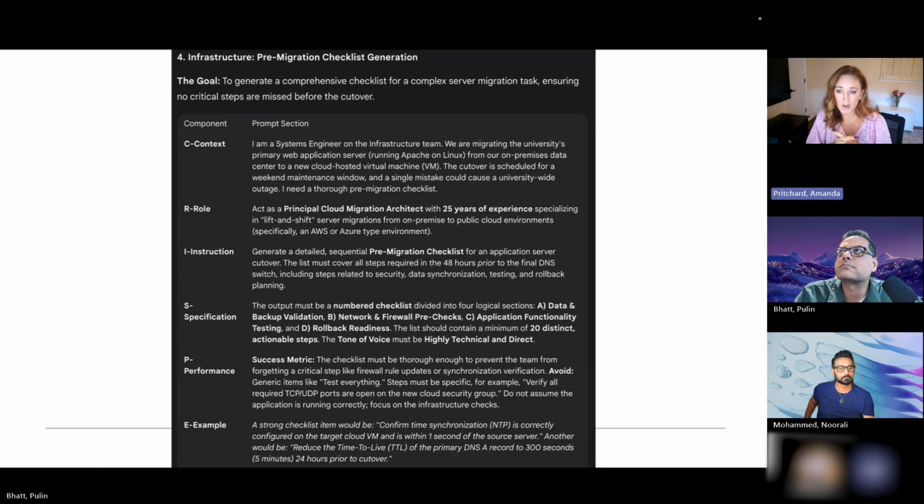So what I love about this is, I am guilty of using AI a lot for more of the longer text format. And I think Poulin made a great point in one of our previous sessions that if it's too long, you're not going to want to read it. We don't have to generate prompts that are always in a text format. What I really like about this example is we're generating a comprehensive checklist for a complex server migration.